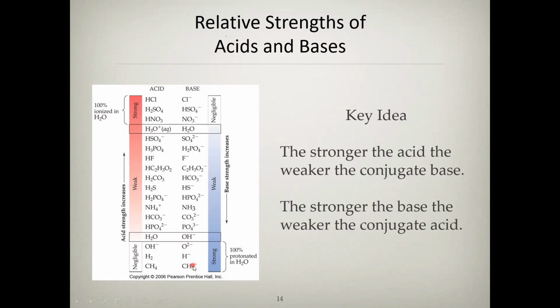Same thing with the bases, just in reverse. The conjugate acids are going to be extremely weak, just because they're not going to donate that proton.